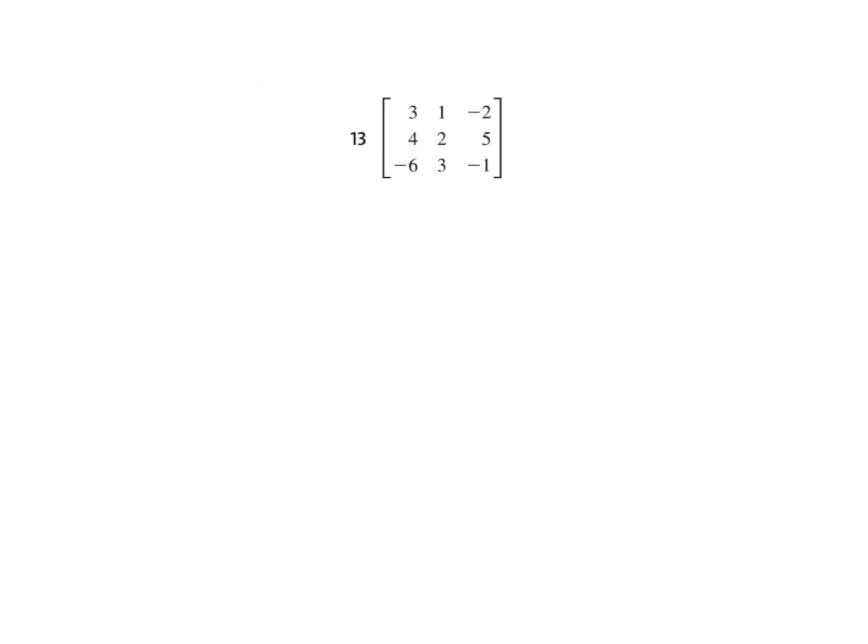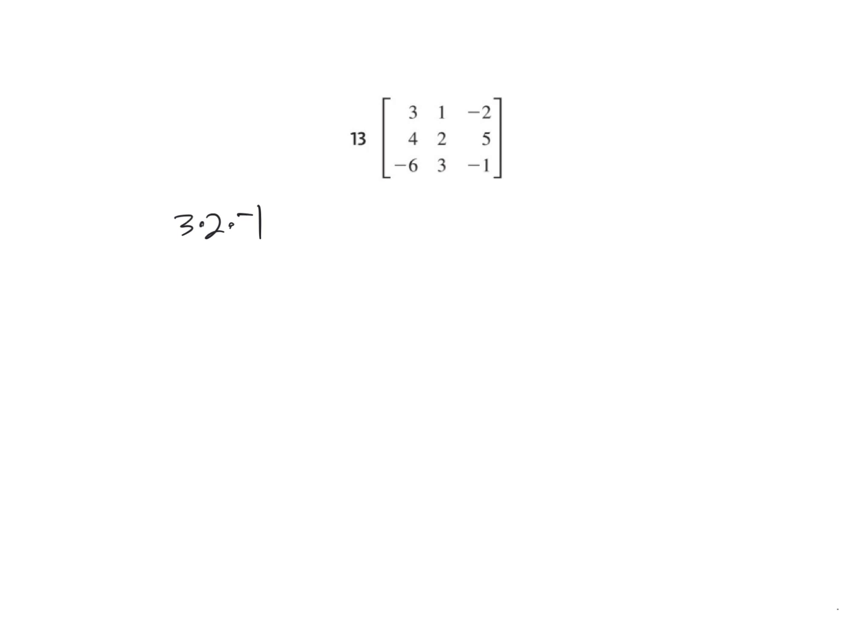Alright, so let's do bigger ones. So what do we do with this? The 2x2s we just showed you how to do, but when you do 3x3s or 4x4s or 5x5s, you do the diagonal, which is 3 times 2 times negative 1. That's the first one, but you have more diagonals that you need for anything bigger than a 2x2. So everything's different after you get bigger than a 2x2.